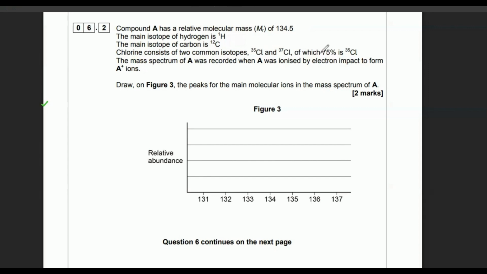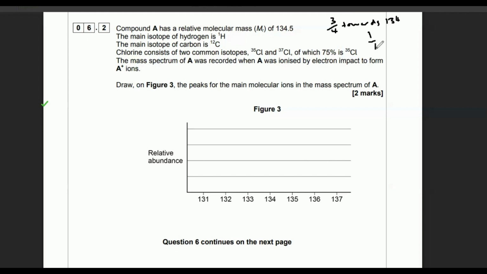We know that 75% of the isotopes have chlorine-35. So that tells me that 3/4 of the isotopes have chlorine-35. So it's gone 3/4 of the way towards 134, which is why we have 134.5. And it's 25% going the other way.